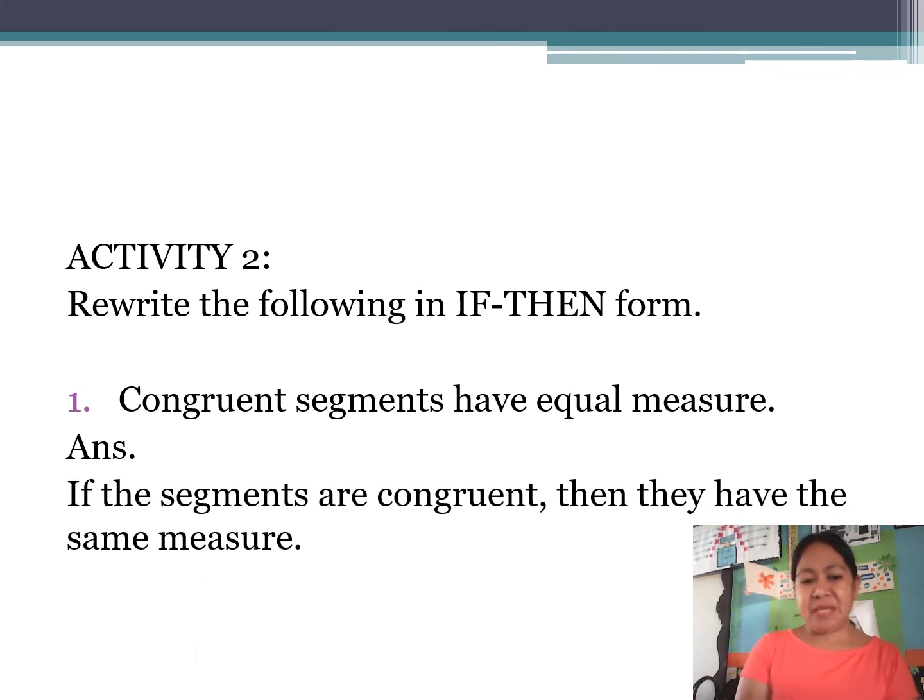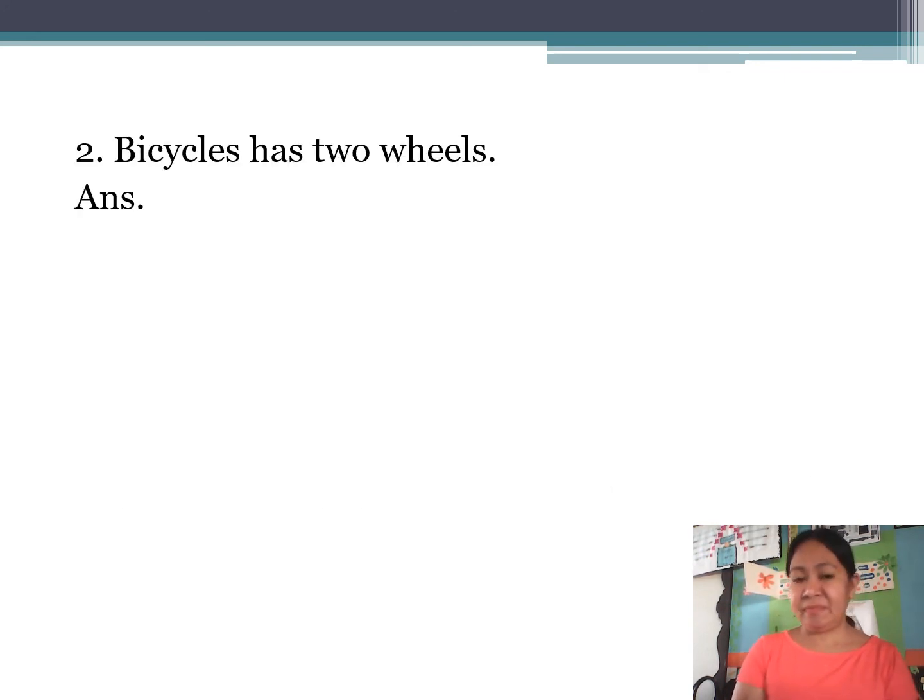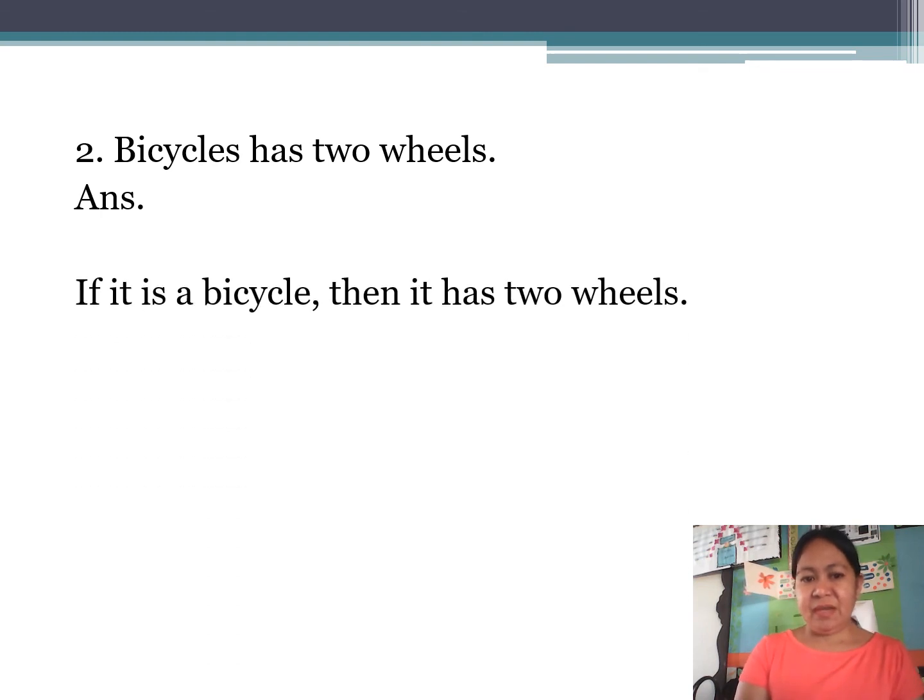The answer is: if the segments are congruent, then they have the same measure. Next: bicycles have 2 wheels. What is the if-then form of this statement? Answer: if it is a bicycle, then it has 2 wheels.